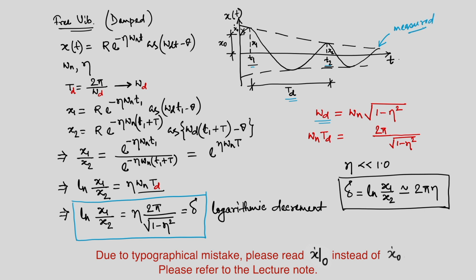From this measurement, we can find out the damped time period. From that damped time period, we can find out the damped natural frequency, and then if we consider T1 and T2, using the displacements x1 and x2, we can find out ultimately the critical damping ratio.